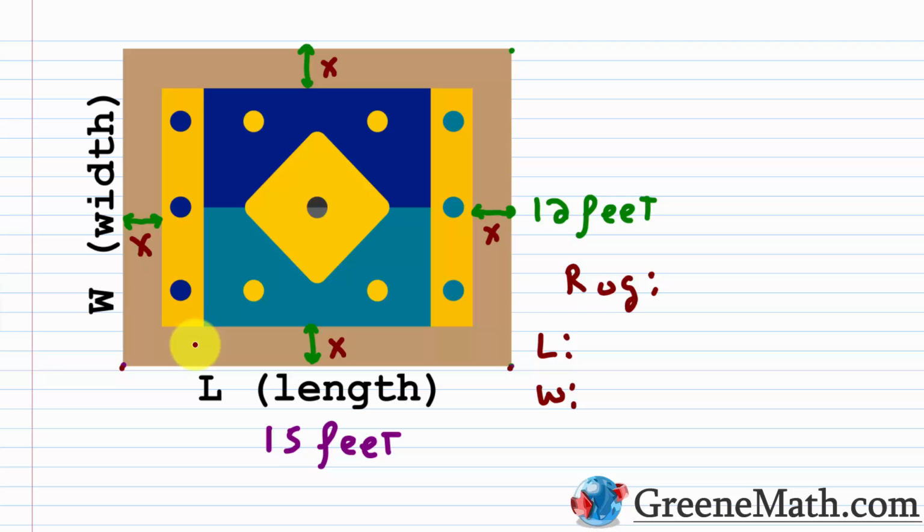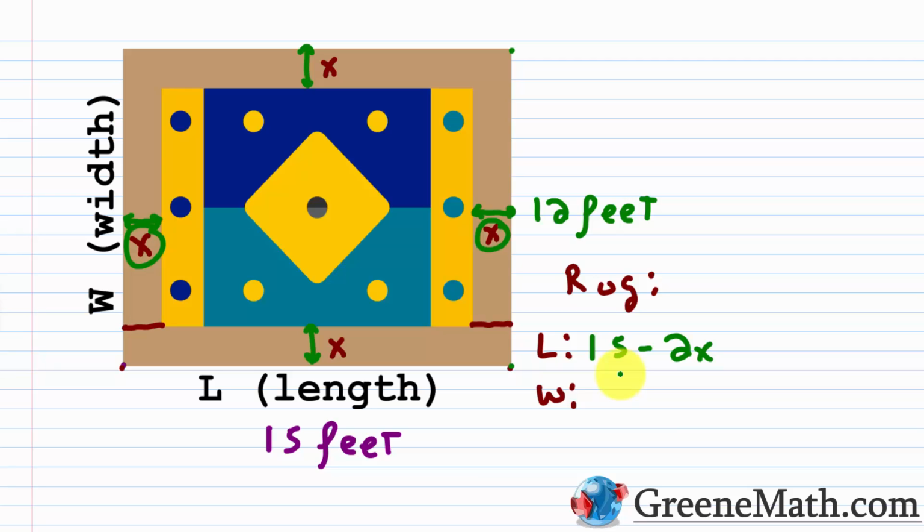If I want the length of the rug, I need to subtract out from here to here and from here to here. So what's that measure? Let me draw that a little bit better. It's going to be 15, the total amount, minus this, which is x, and then minus this, which is x. So 15 minus x minus x is 15 minus 2x. That's going to be my length of the rug.